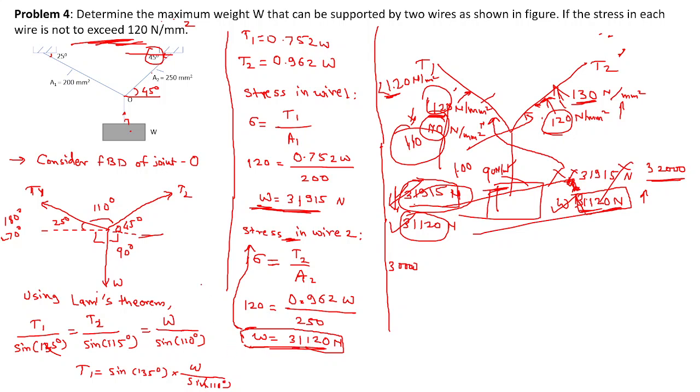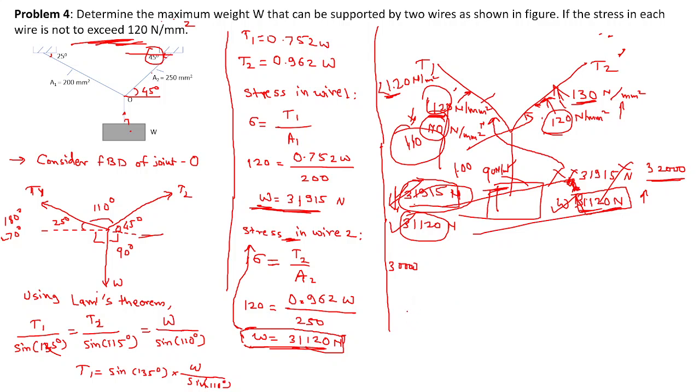So if they have told us to decide the safest load, we always have to take the lowest load. This is the maximum weight possible, meaning the maximum weight that can be supported.